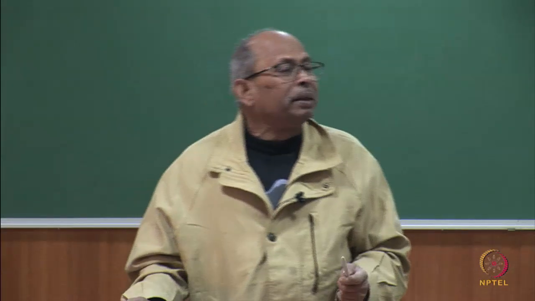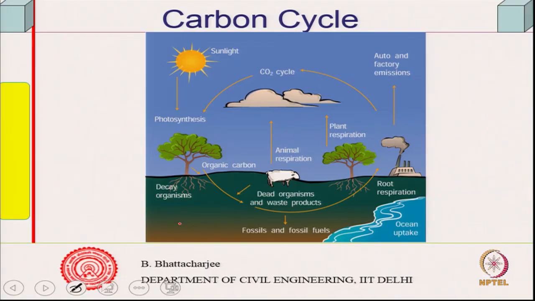So, the carbon cycle is somewhere here. You have the sun and photosynthesis, the plants capture this, and then decaying organisms, dead organisms and waste products get converted into fossil fuels, and you take them out.